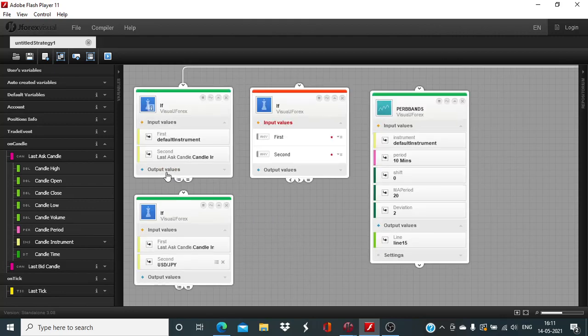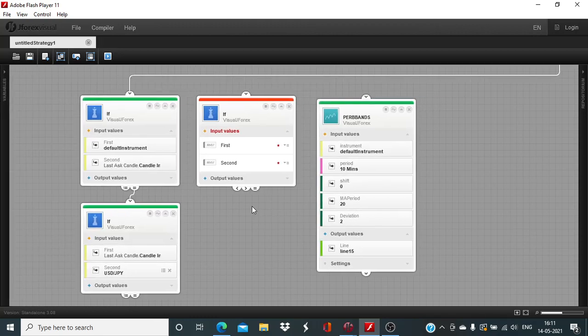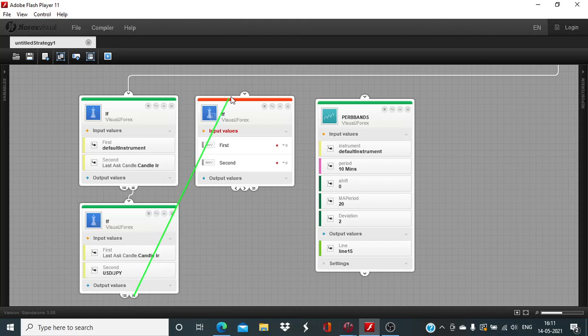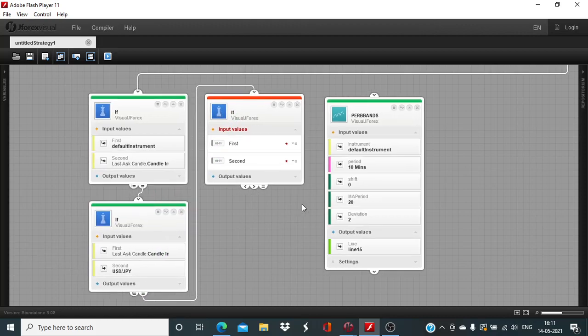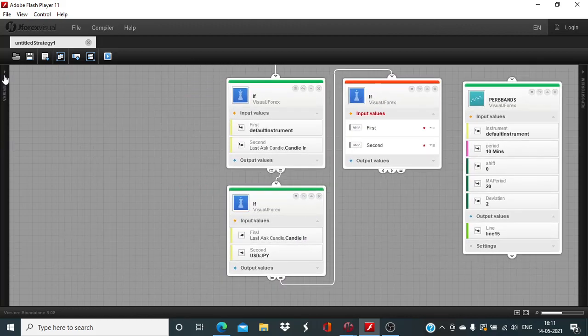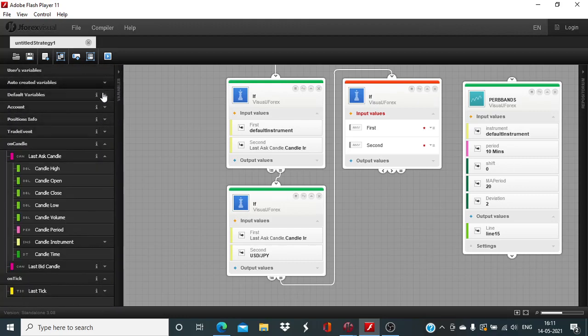Okay, we got it. First input equals second input. Similar thing here, first input equals second input, and the position amount should be equal to 0.